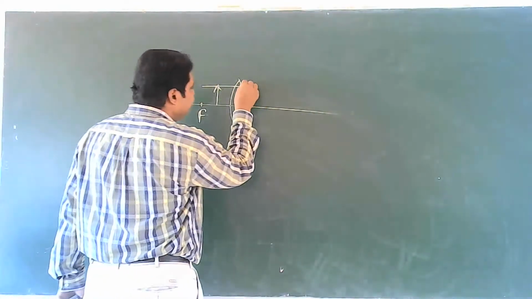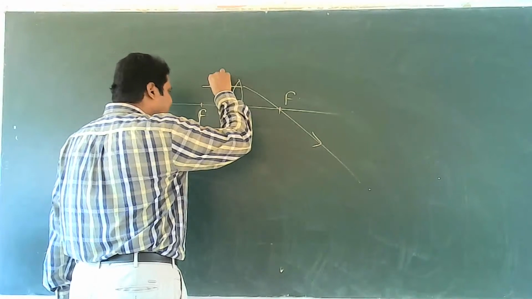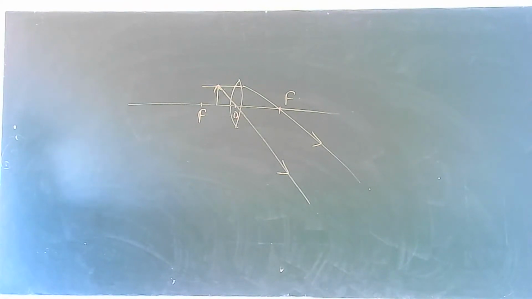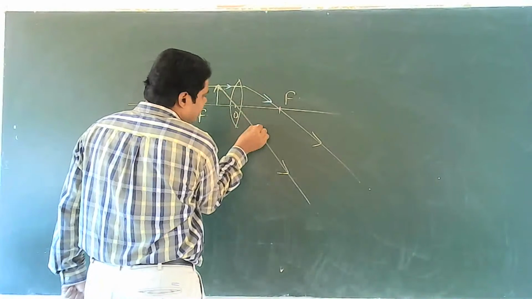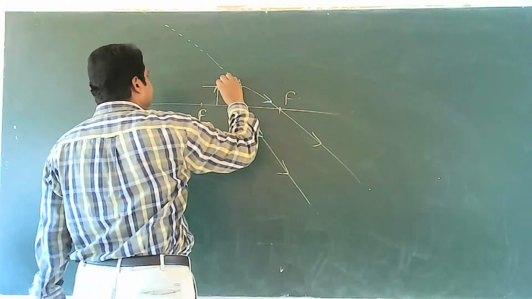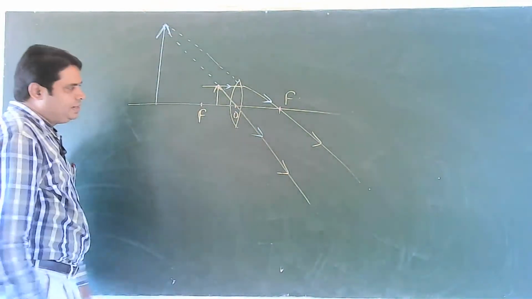First ray as usual, passing through F. Second ray, passing through O. Now trace these rays back, somewhere near there.